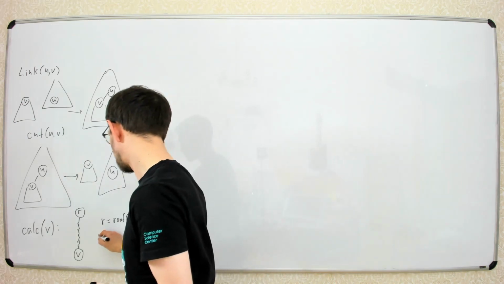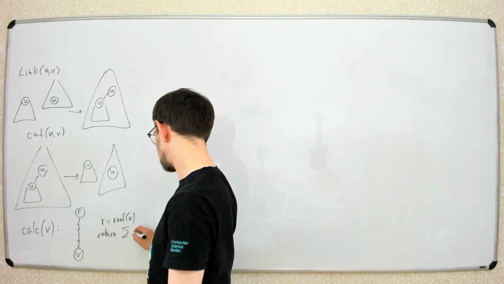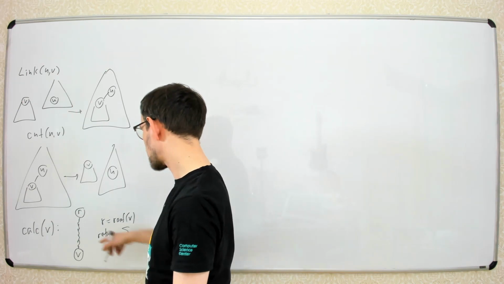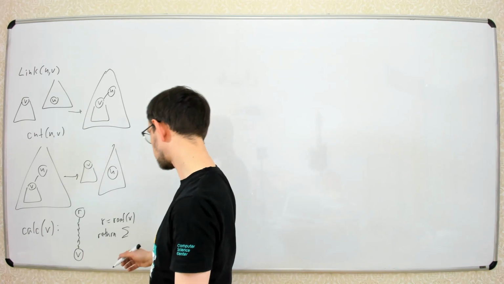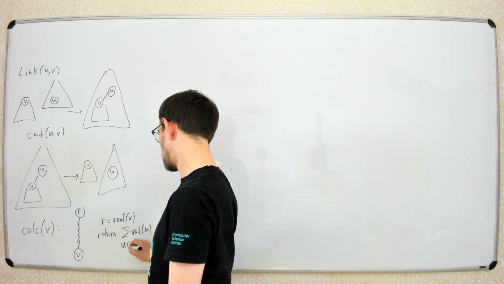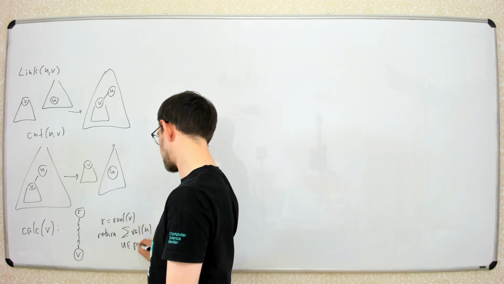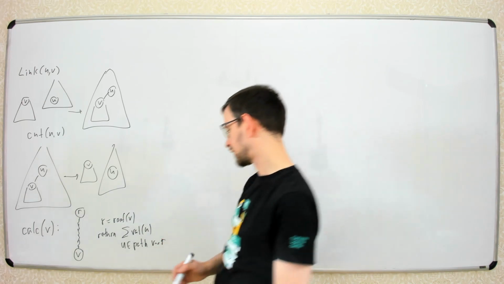Simply return some sum on this path. You have some value in each node U that belongs to the path from V to R, like this.